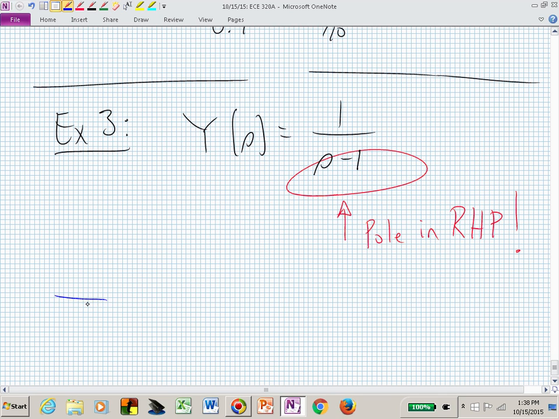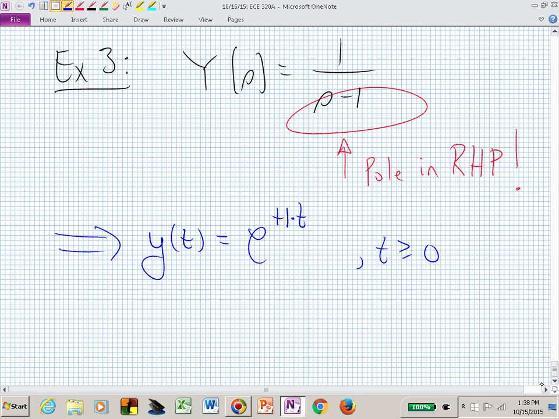What is little y of t? That's straight from the table, isn't it? That's e to the plus 1t, is it not? For t greater than or equal to 0. What's the final value of that? It might burn up, right? It's unbounded. There is no final value. So you can't expect the final value theorem to work on this.